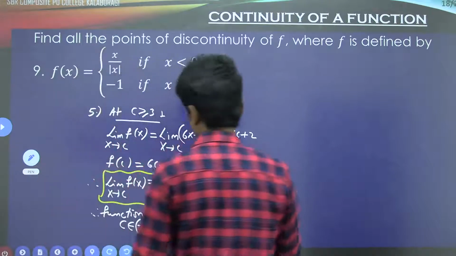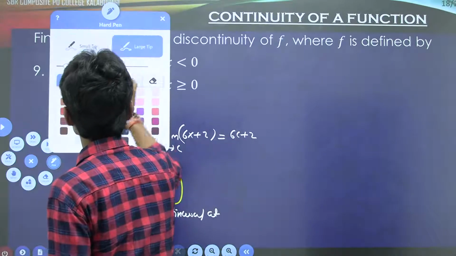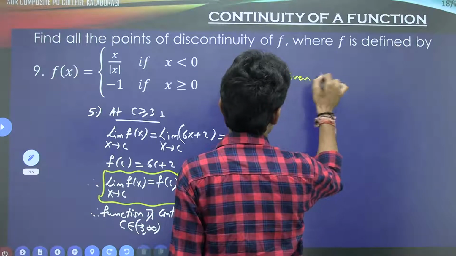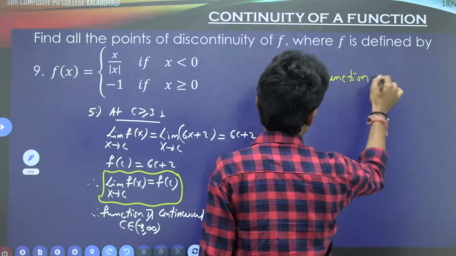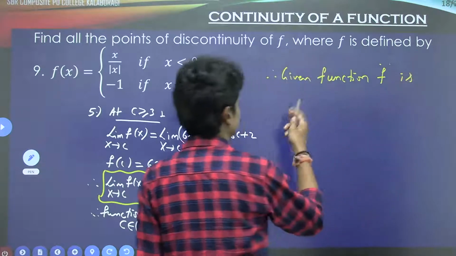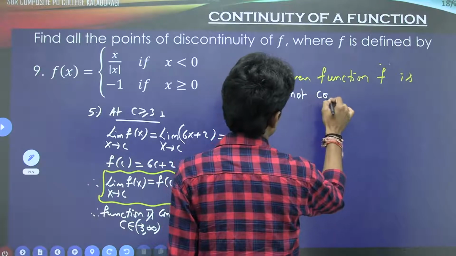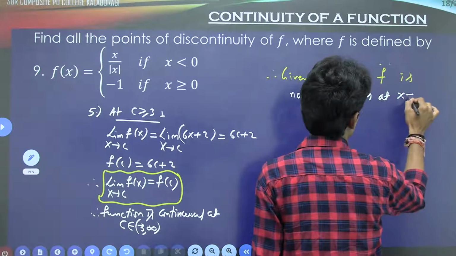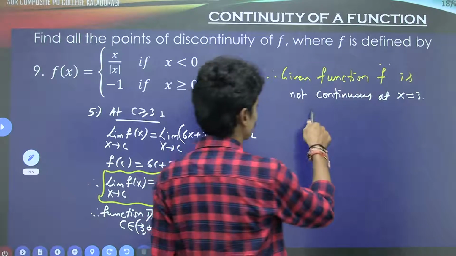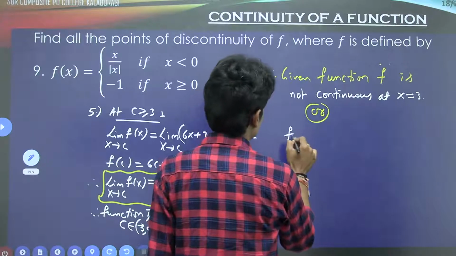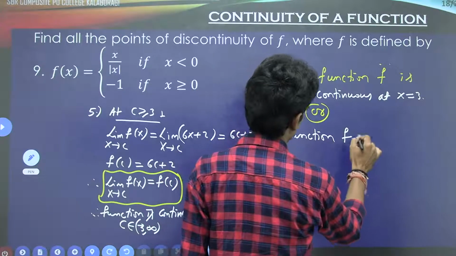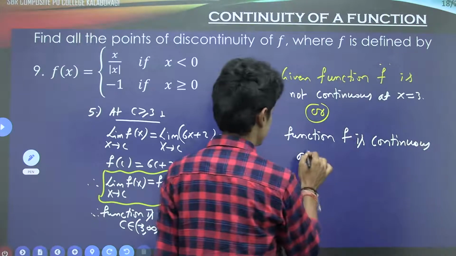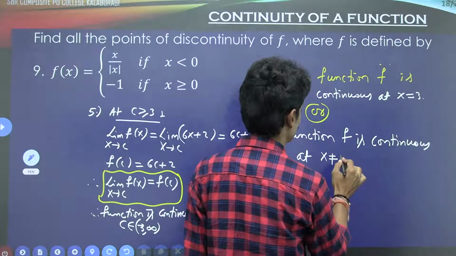What is your final conclusion? Therefore, the given function f is not continuous at x is equal to 3, or alternatively, the function f is continuous at x is not equal to 3.